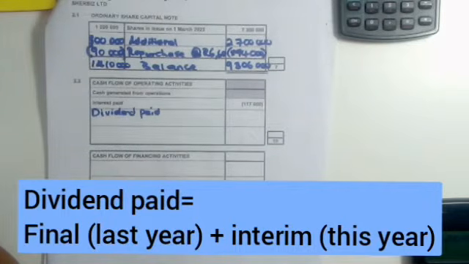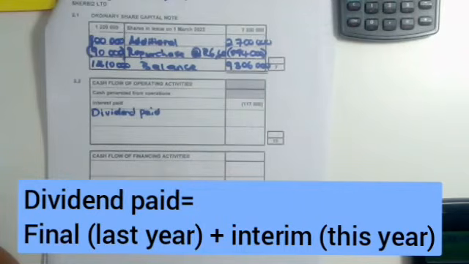This is how companies work. When they declare a dividend, they will not pay out that dividend at the time that they declare it. Mostly with final dividends, because it's at the end of the year, it's different from interim, which is during the year. We could declare an interim in the middle of the year, and towards the end of the year we would have paid it.